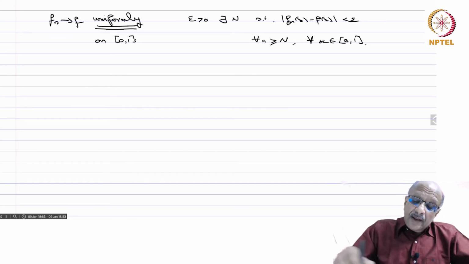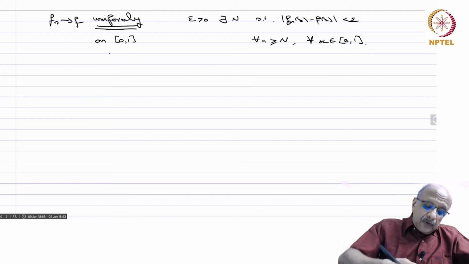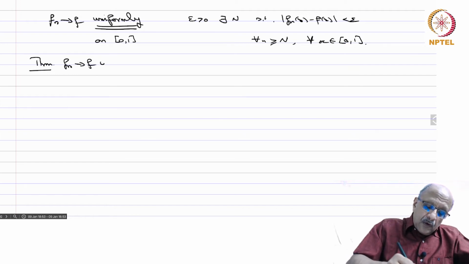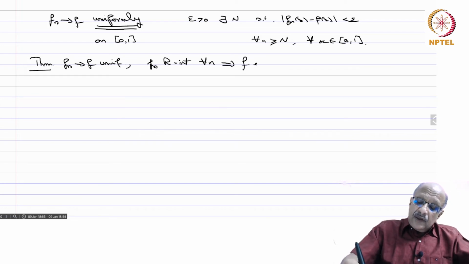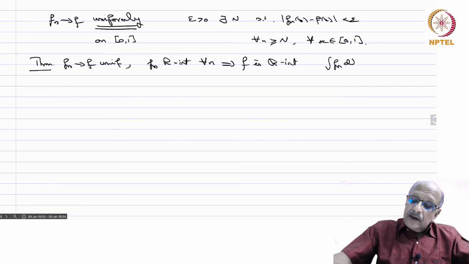Okay, so this is again a very strong condition, then of course you have a theorem: if f_n goes to f uniformly and f_n is Riemann integrable for all n, then f is Riemann integrable, and the integral of f_n from 0 to 1 goes to the integral from 0 to 1 of f.